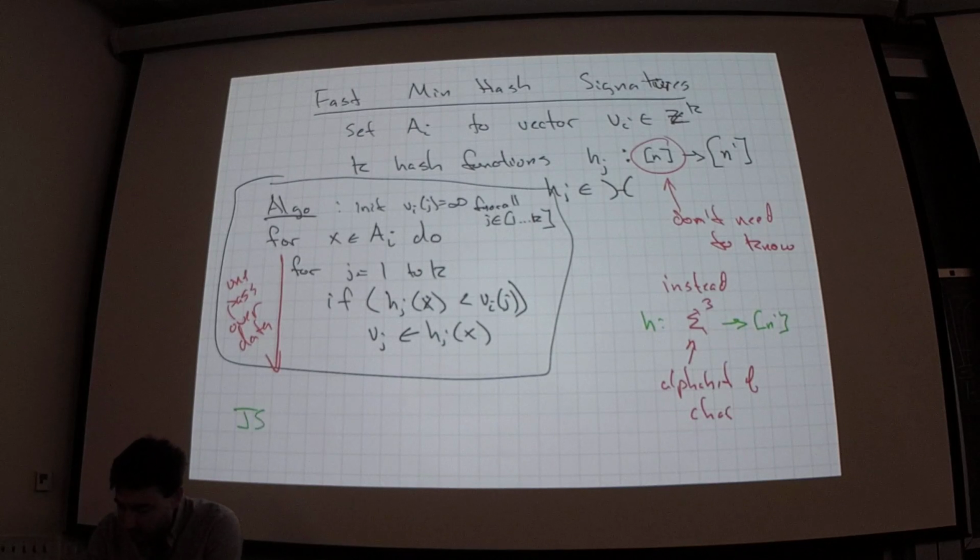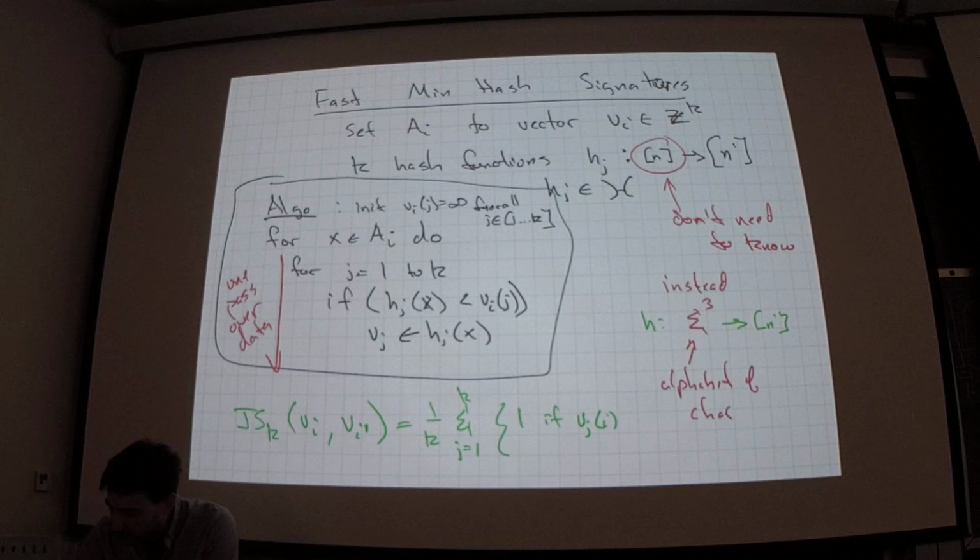We're going to do a Jaccard estimate of size k between, say, vector v_i and v_i prime. Explicitly, this is 1 over k, the sum of j equals 1 up to k of 1 if v_i of j is equal to v_i prime of j, 0 otherwise.